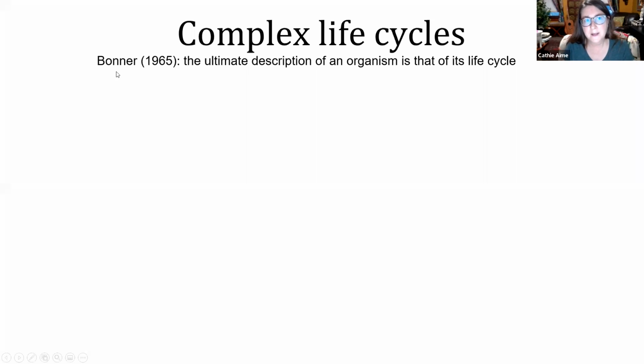And something that a guy who actually worked mostly on slime molds at Yale University, John Bonner, I know Greg knows who I'm talking about. He was a really great researcher of slime mold life cycles, but he really believed that life cycle differences were of paramount importance when trying to understand the evolution of different organisms. And there are some patterns that we see over and over in the tree of life.